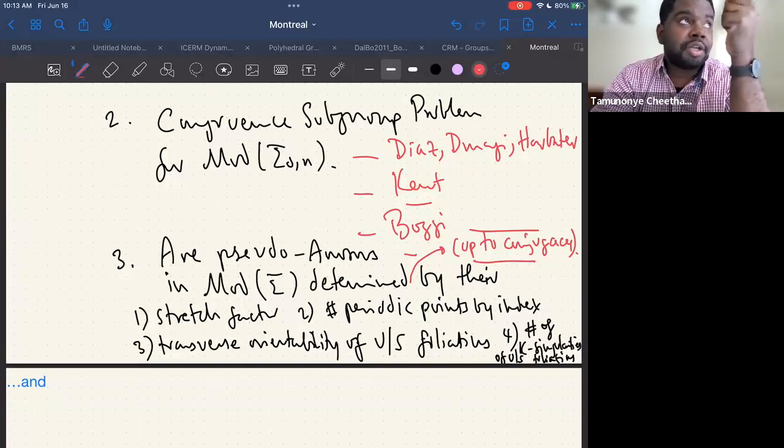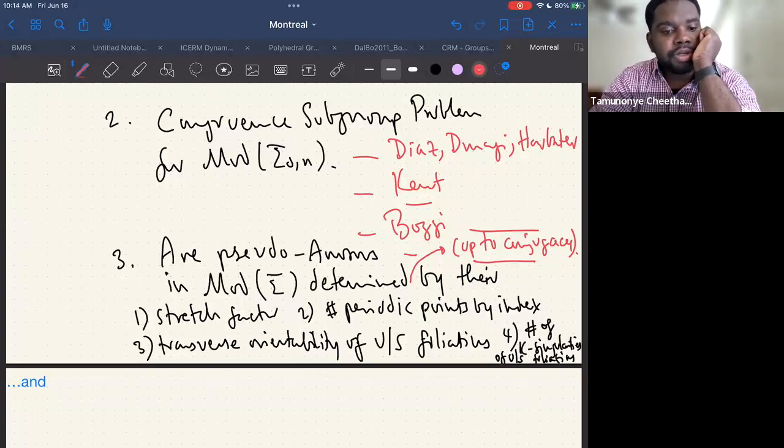So after using work of Friedl, Kim, Friedl, Vidussi to say that, oh yeah, that's a fibered class, I can recognize Thurston norm, Liu goes further to say that I can recognize stretch factor, can recognize these periodic points, some character theory it does to say that, oh, I actually recognize these Lefschetz fixed points. And in fact, it's from the fixed points that he gets the stretch factor. There's that Lim-sup power formula.